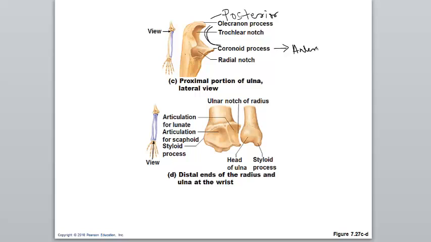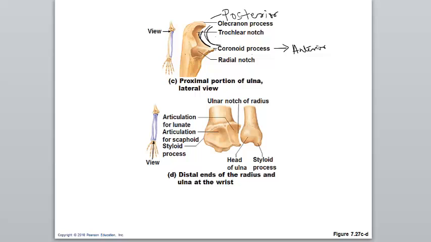Now, the coronoid process is going to sit where? In the coronoid fossa of your humerus. You remember the coronoid fossa is found anteriorly on your humerus. So this process, when you bend your elbow, goes directly into the coronoid fossa of your humerus. The olecranon process sits posteriorly in the olecranon fossa of your humerus.